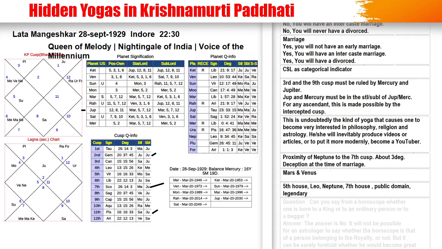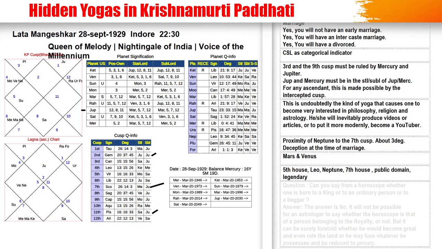You can find very exciting results within the Krishnamurti framework, not at all dependent on the cuspal sublord. I had created some more notes about pointers I noticed from the professor in this direction, on how to identify some of the yogas in the Krishnamurti Paddhati.